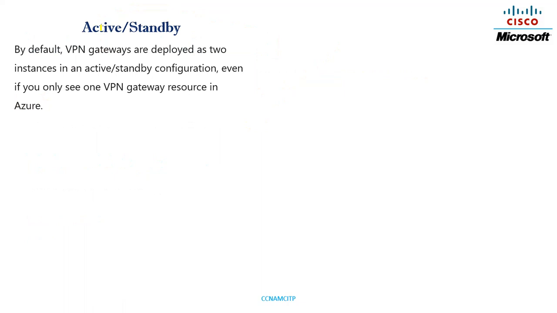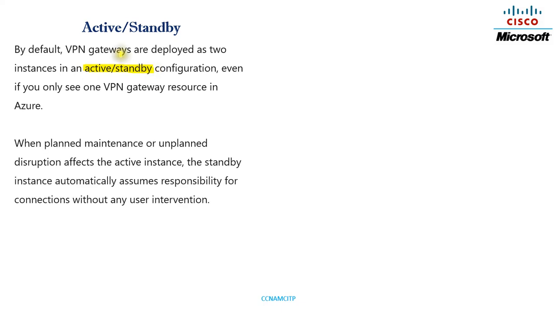We'll discuss what they are now. By default, VPN gateways are deployed as two instances in an active-standby configuration, even if you only see one VPN gateway resource in Azure. So by default it is an active-standby configuration.